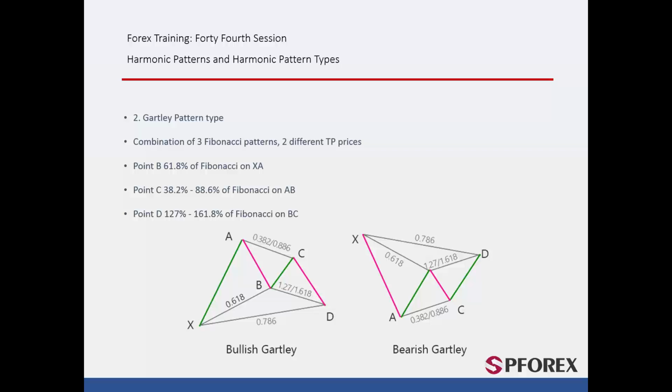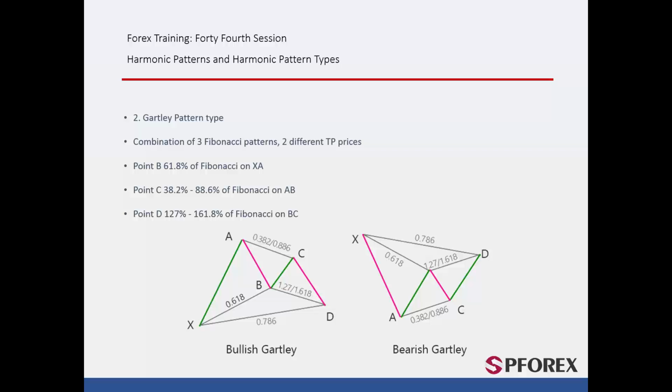On a reversal point B, the trend returns to its direction and proceeds to a certain point C. The second Fibonacci should be drawn on AB, and C must be between 38.2% and 88.6% of the second Fibonacci. After another change of direction, the trend continues towards the point D.